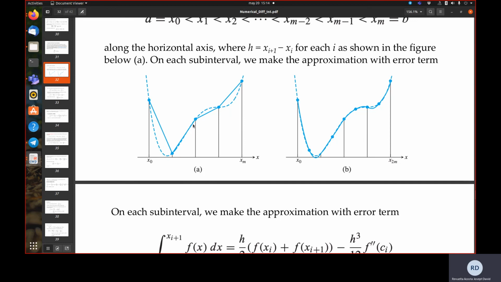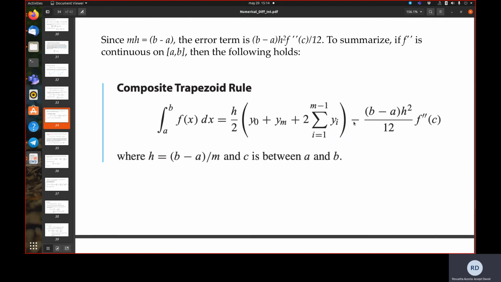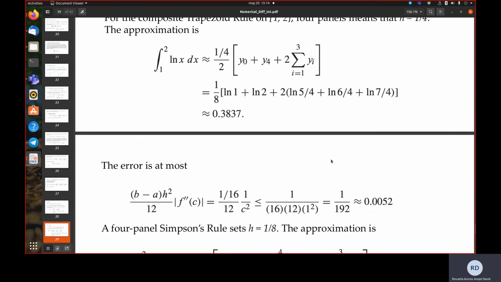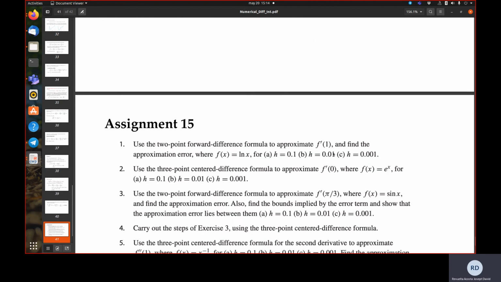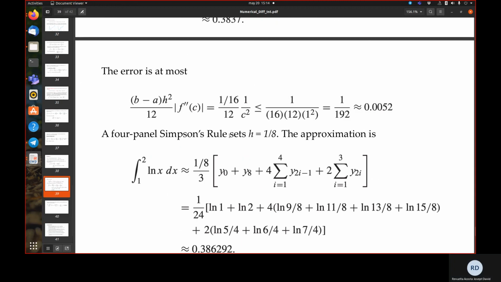So we have here 1, 2, 3, 4, 5, 6, 7, 8, 9, 10. Yes, I missed one. So you have double. So in general here, h is going to be equal to 1/8, because we have one more extra point.